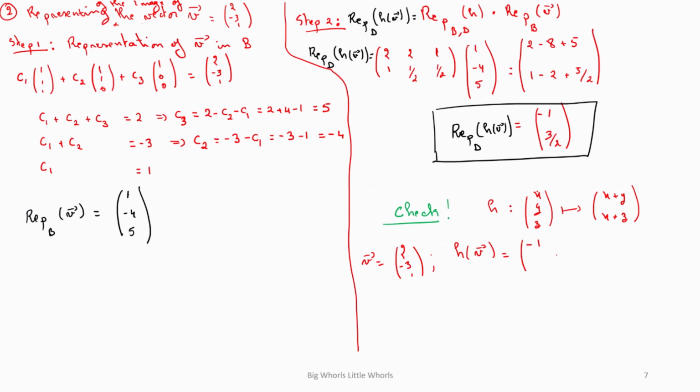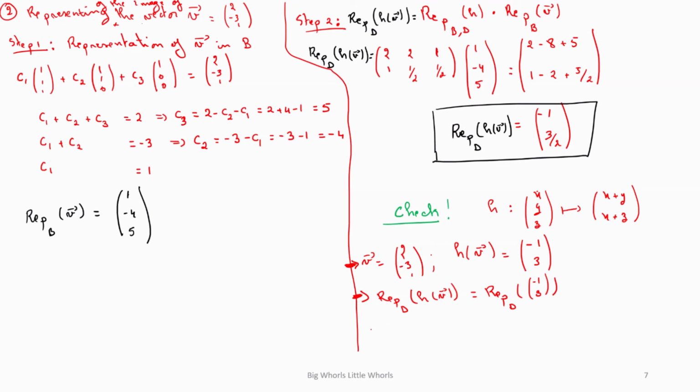The first component added to the third component, we have 3. So h of v is minus 1, 3. So now let's represent that minus 1, 3 with respect to d. So the representation with respect to d of the image of v is equal to the representation with respect to d of minus 1, 3.